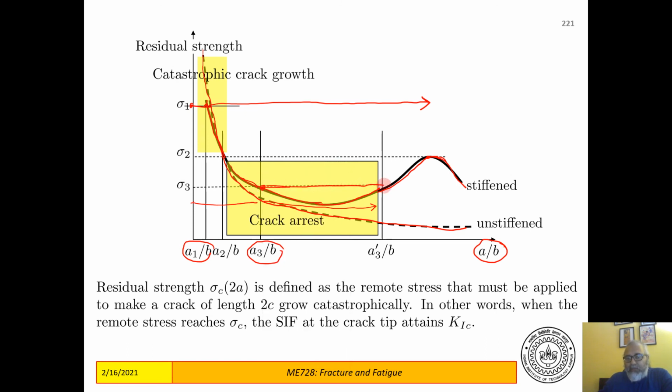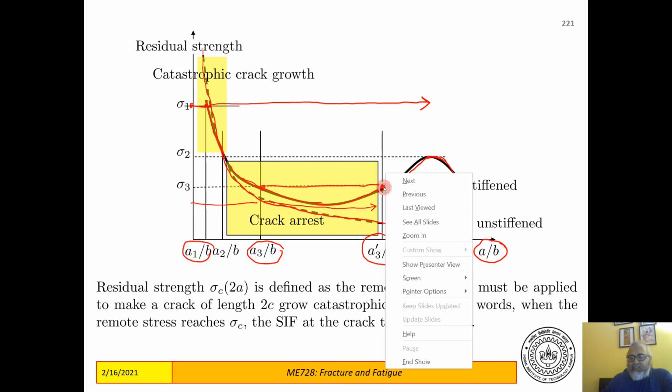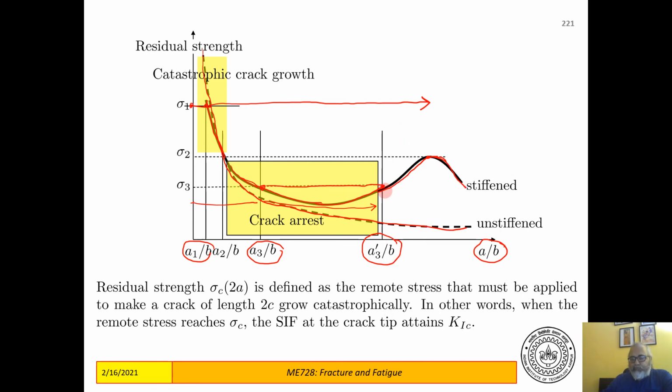But then as it grows, when it reaches this crack length, it again reaches a residual strength, and now it will stop growing because its residual strength is now higher, actually equal to the sigma infinity that you have applied at this stage.